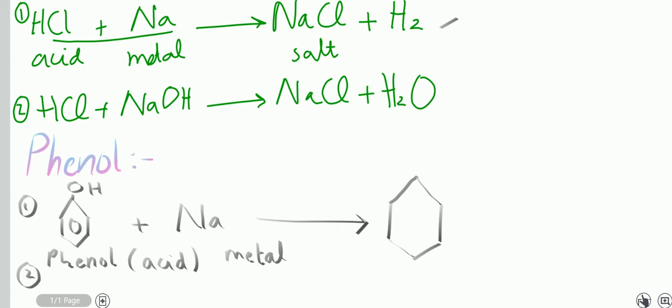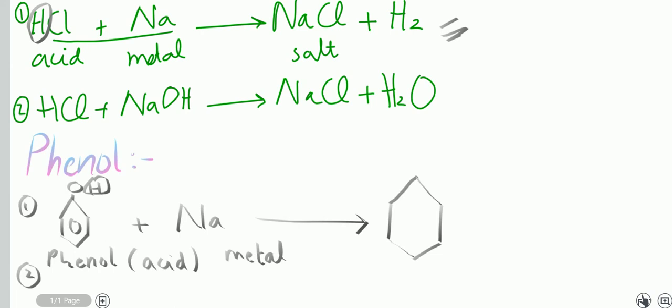So we do know that over here in this reaction, the hydrogen from here is removed and it's replaced by the metal, right? In a similar manner, the H over here is going to be removed, just like we had in HCl.